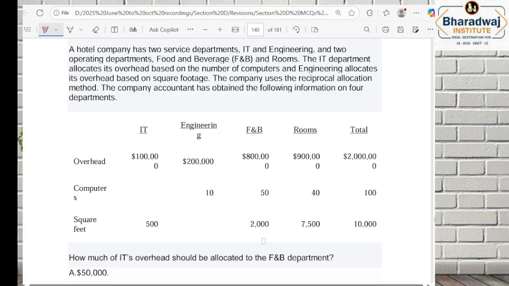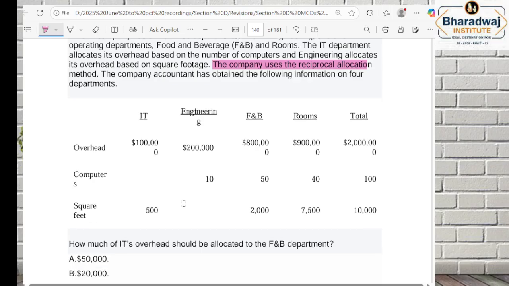Next one is to do with reciprocal allocation, both of these. Let me check and tell the answer alone. You can try it at home. IT department, form the equation and find out. It will be 1,00,000 plus engineering department's services.